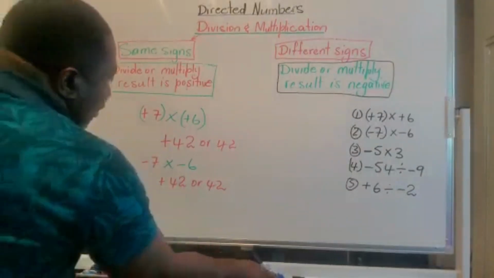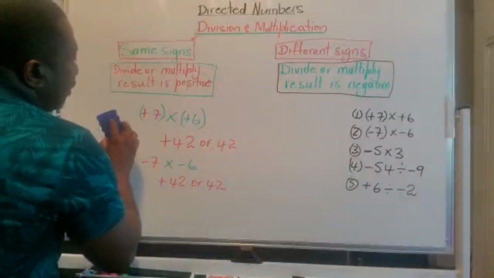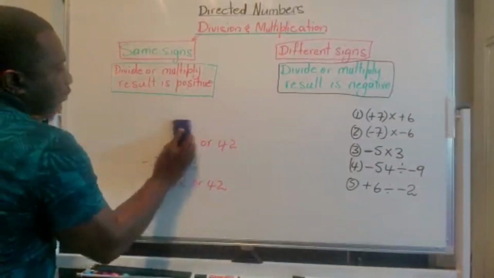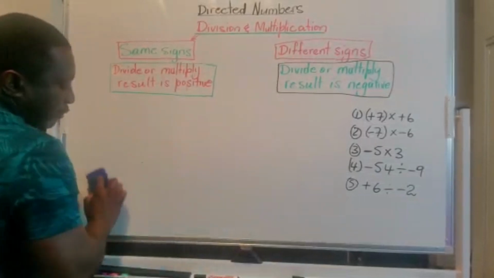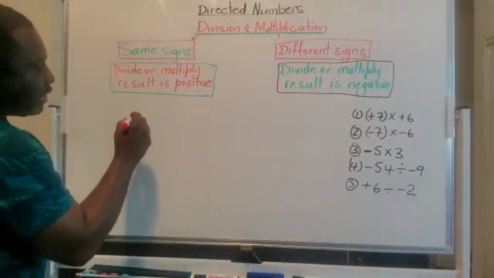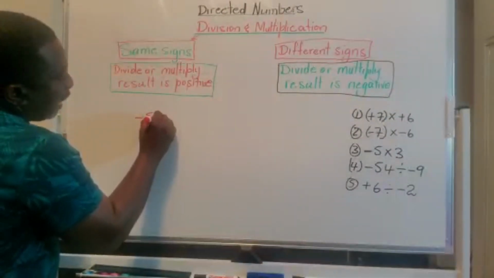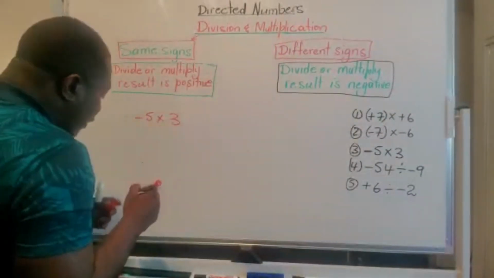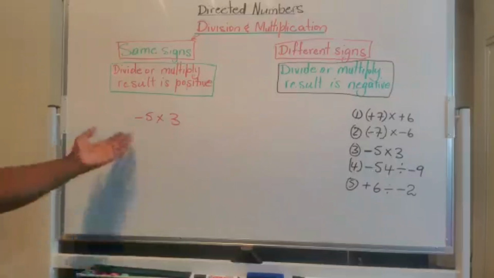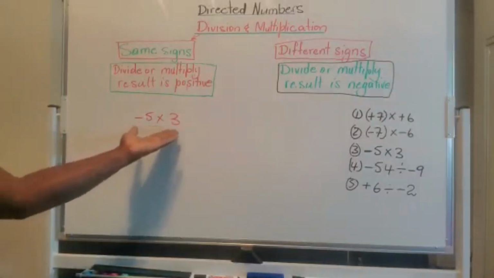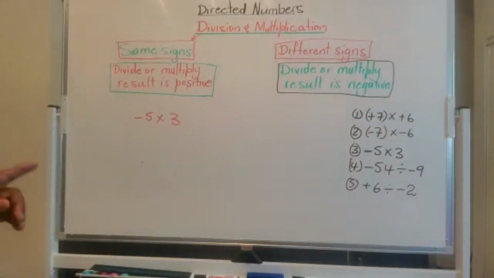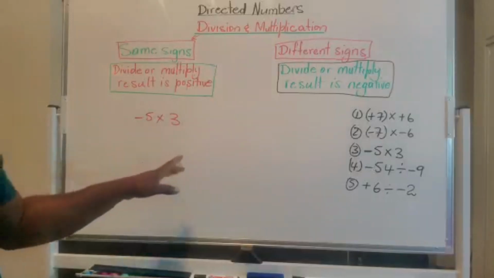Other one being very simple here. We now look at number 3, which is negative 5 times positive 3. Here, the signs are different. We are working with two unlike signs.